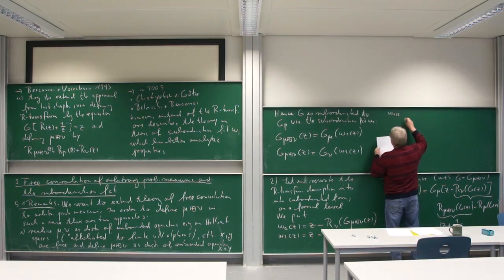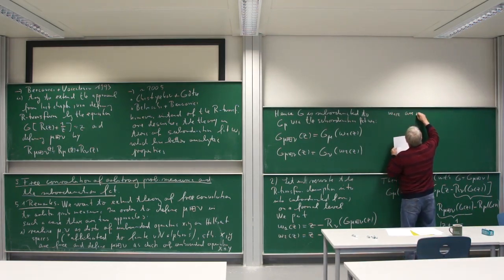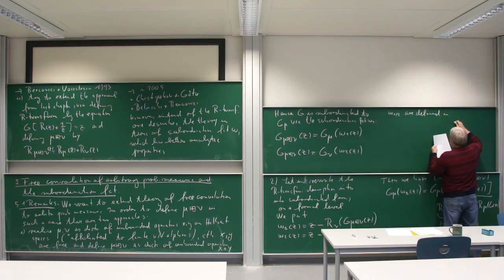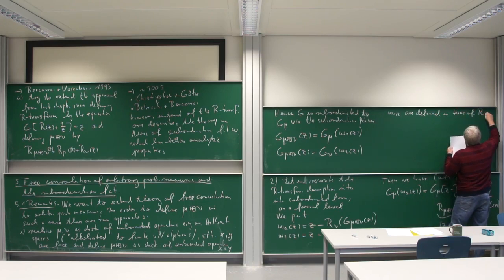So omega 1, 2 are defined in terms of the R transform, R_mu or R_nu.